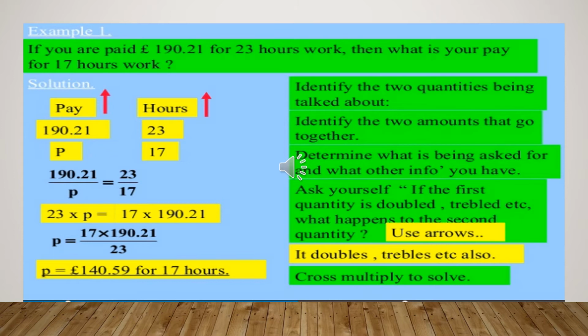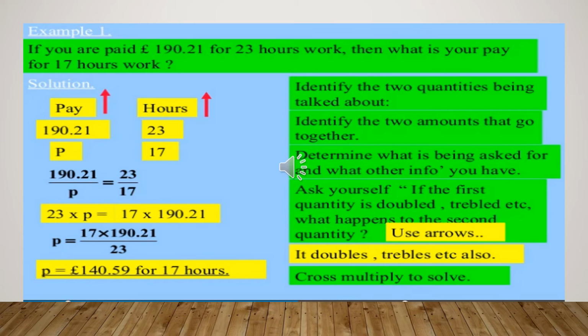For solving problems involving direct proportion by the proportion method, there are a few things that we have to jot down. The very first thing is that we have to identify the two quantities being discussed in the question. Then we have to check which amounts are going together, which means which quantities have the same unit.